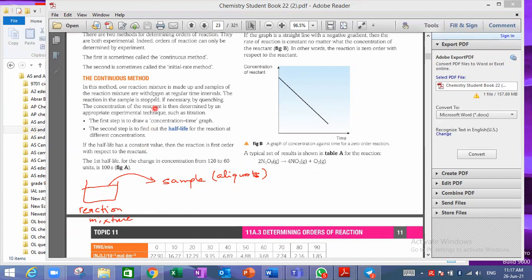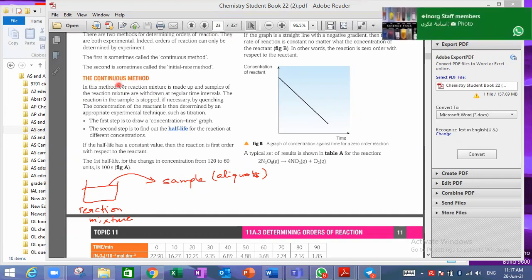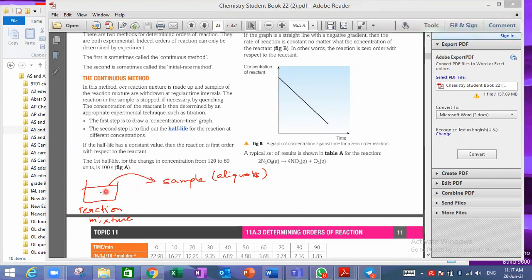So in this method, which we call the continuous method, we are going to prepare our reaction mixture and withdraw every, for example, 1 minute, a sample or an aliquot of this reaction mixture, quench it, either by adding something that will stop the reaction of one of the reactants, or by putting it over ice, and then make titration or any other method that we used before, and determine the concentration of the reactant that we are studying every, for example, 1 minute or every half minute, it means with time.